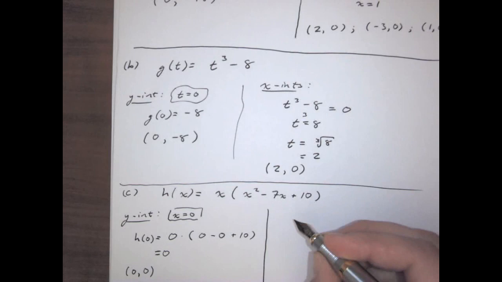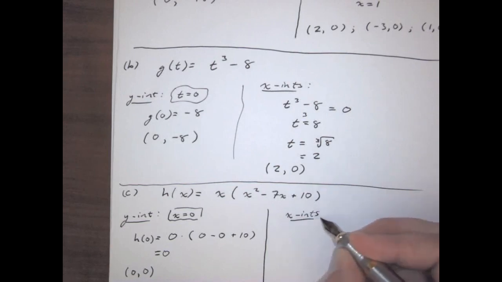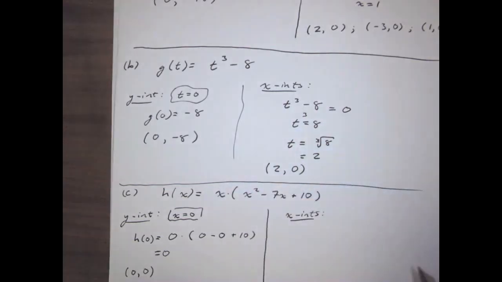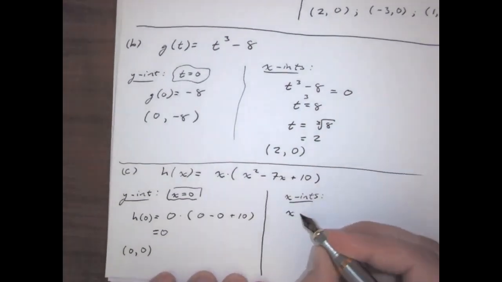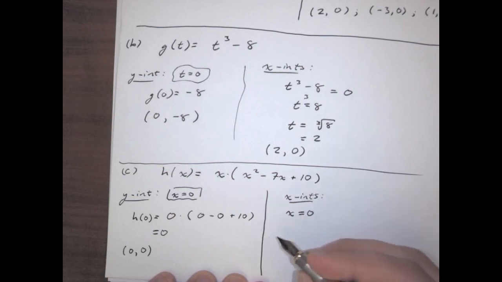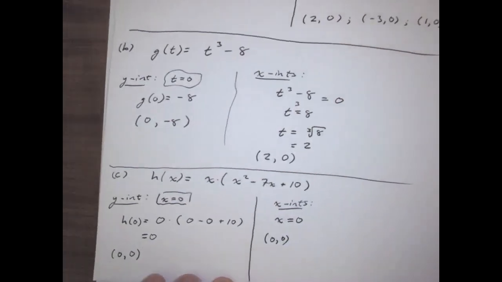Now for the x-intercepts, we have a couple of factors that involve the x. One of them is just x. So that's that same point again, 0, comma 0. But we also have x squared minus 7x plus 10 equals 0.